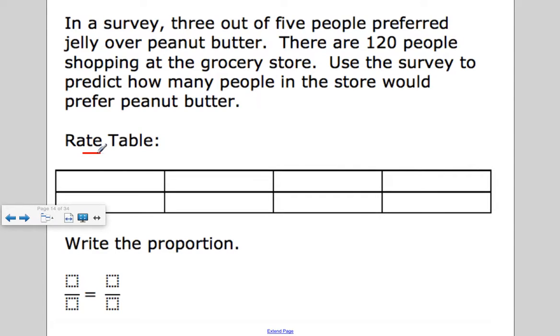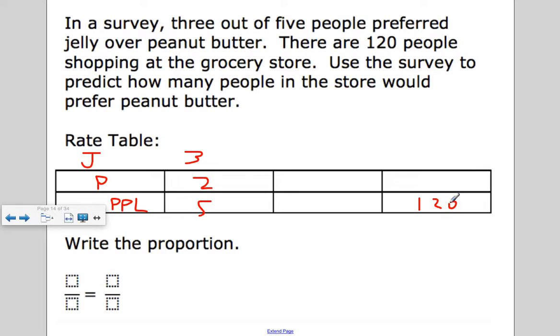So I'm going to label it jelly, peanut butter, and people. So 3 out of 5 people prefer jelly. So 3 people like jelly. So that means 2 people like peanut butter out of the total of 5 people. There are 120 people. So where would I put 120? On the bottom right here.